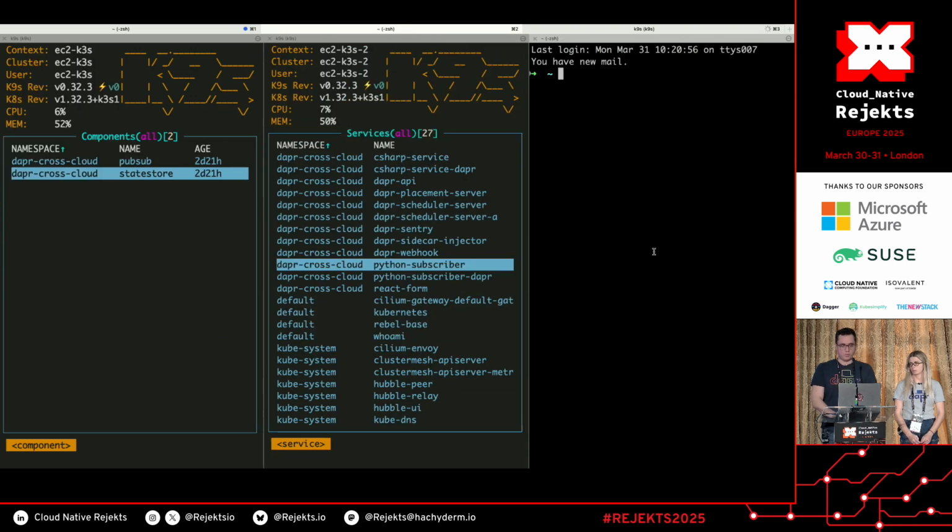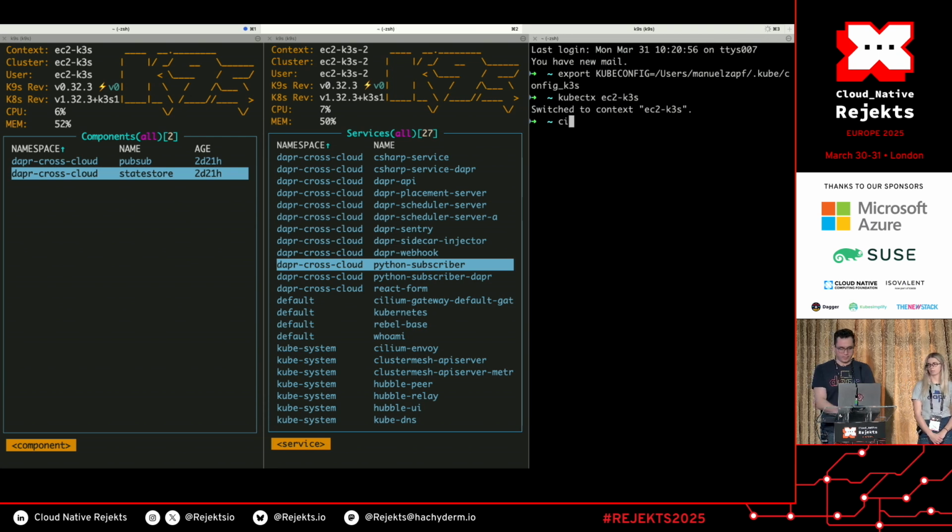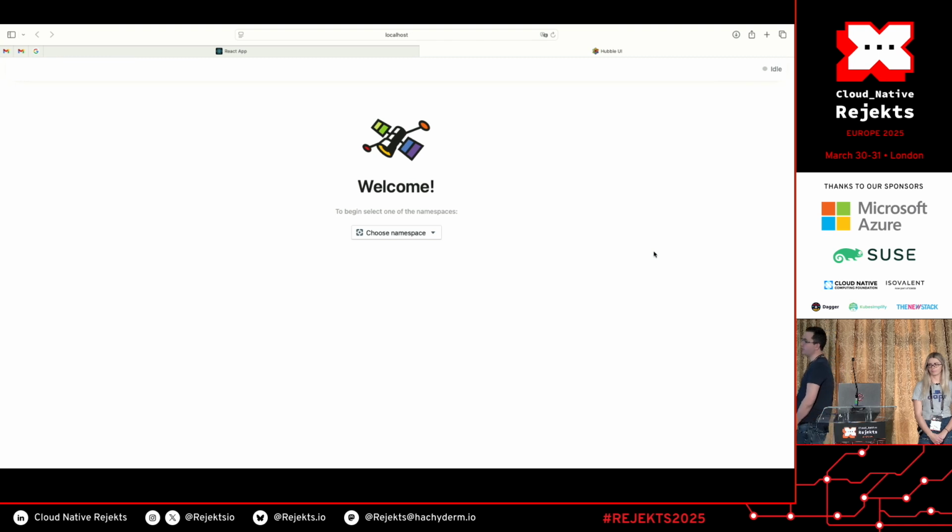But there's another cool way how you can actually show this. I'm pretty sure that for those of you who use Cilium already, you know about Hubble, right? Hubble is a shiny UI, well, not really little, but a shiny UI to illustrate traffic flow.